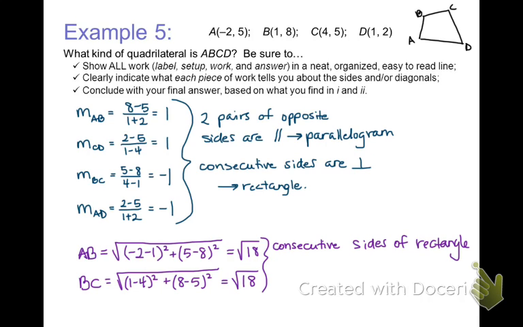Consecutive sides of a rectangle are congruent. And then that will convince them that this has to be a square. And then you can circle your very final answer. Are there any questions on that one?